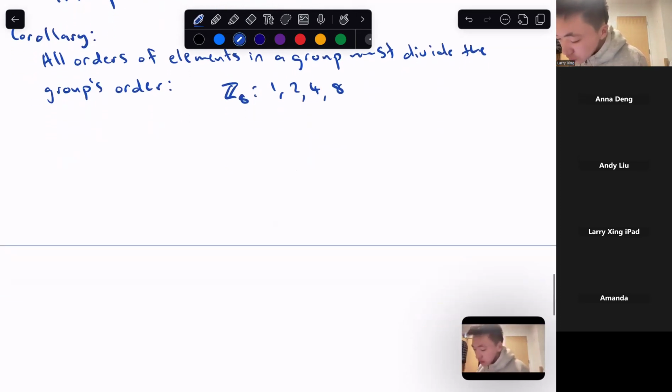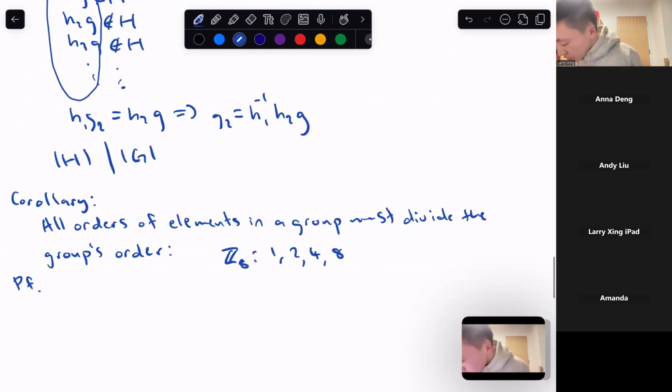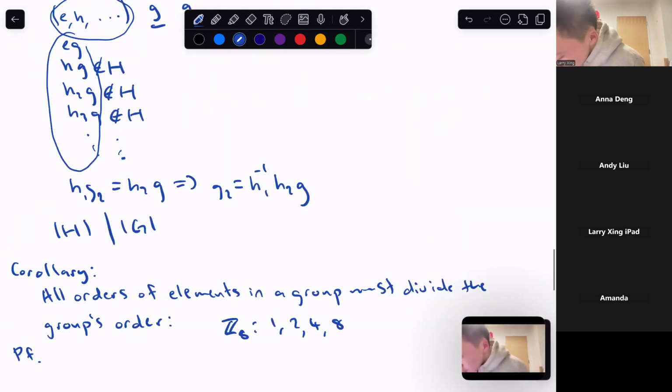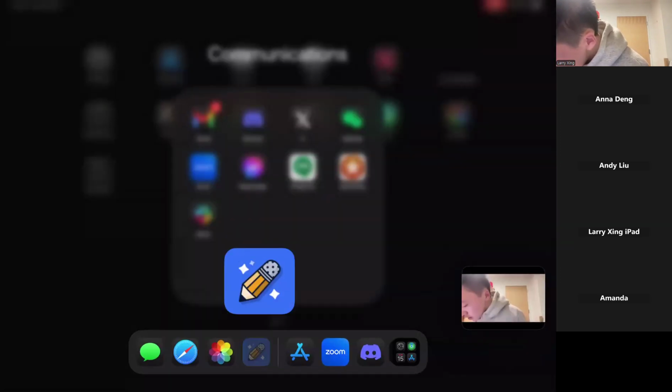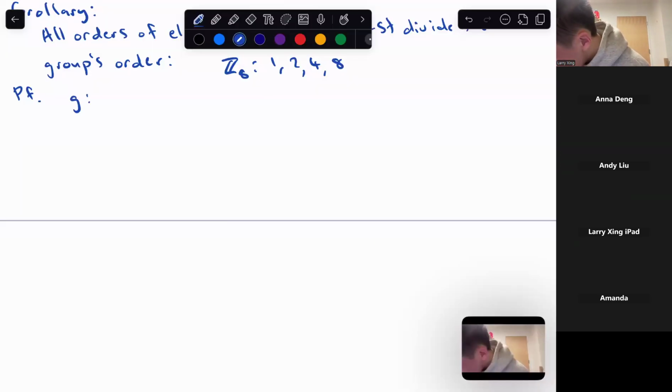And the reason for this is because, remember earlier when we generated, for a single element g, a group e, g, g squared, up to g to the k minus 1.